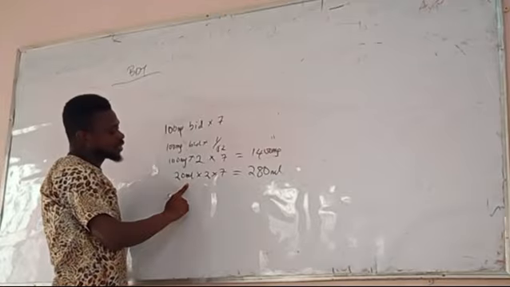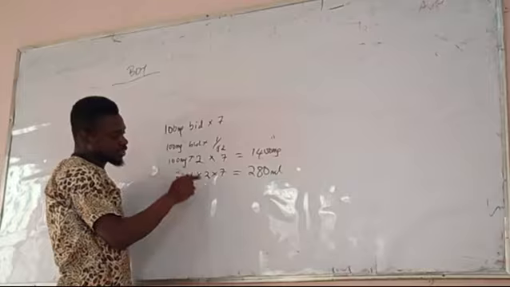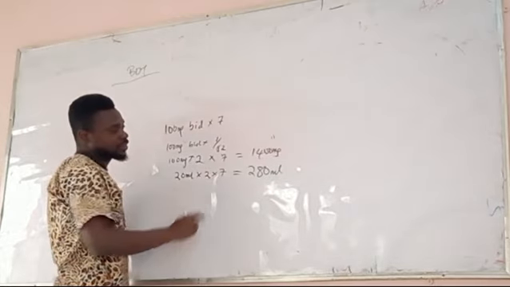A dose is 20 ml, so 20 ml times 2 is 40 ml, times 7 is 280 ml.